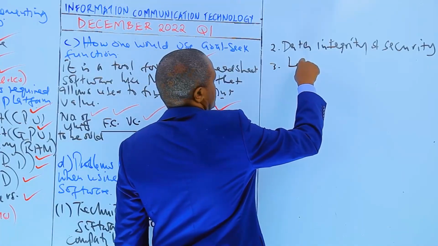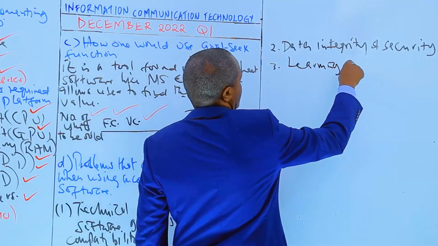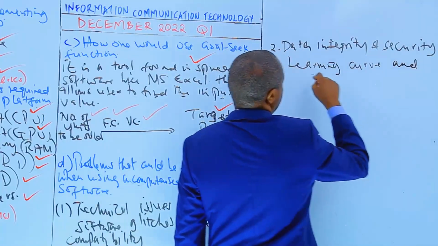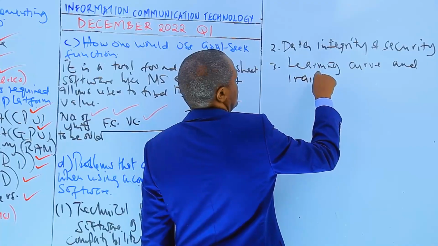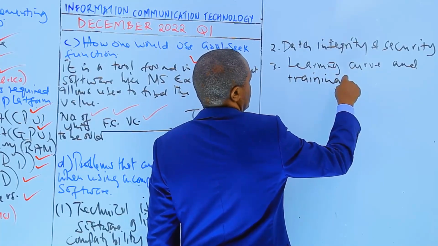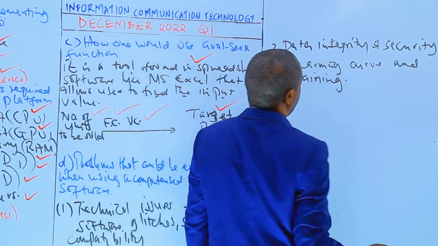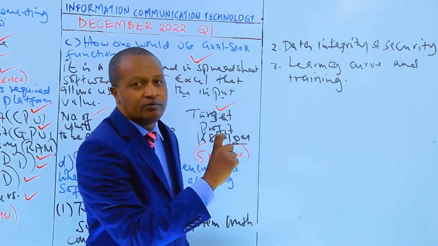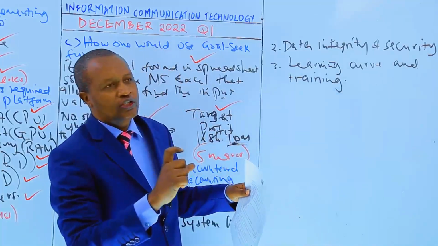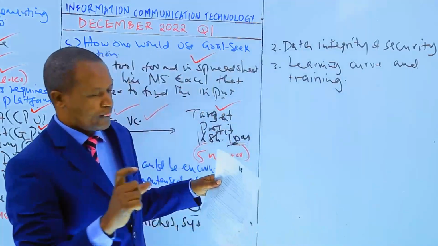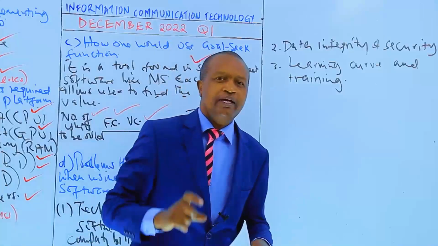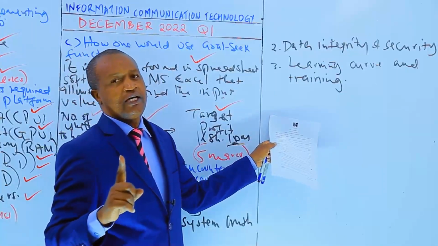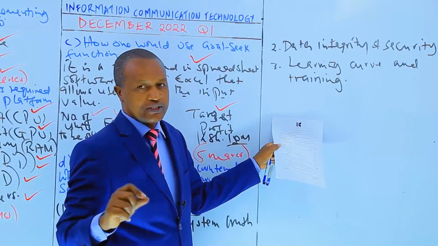3. Learning curve and training. Candidates, transitioning to computerized accounting software may require employees to acquire new skills and to adapt to new processes.